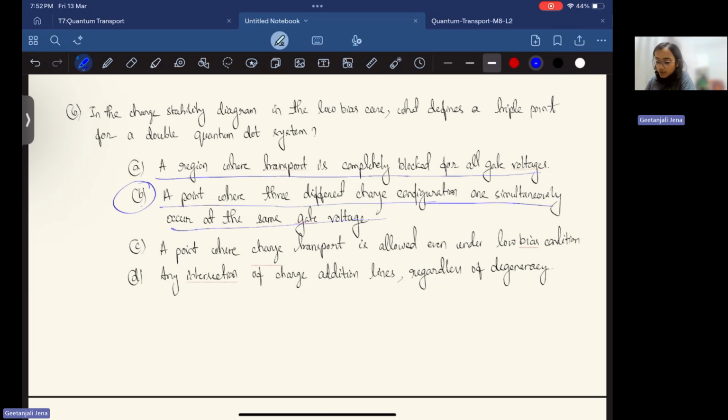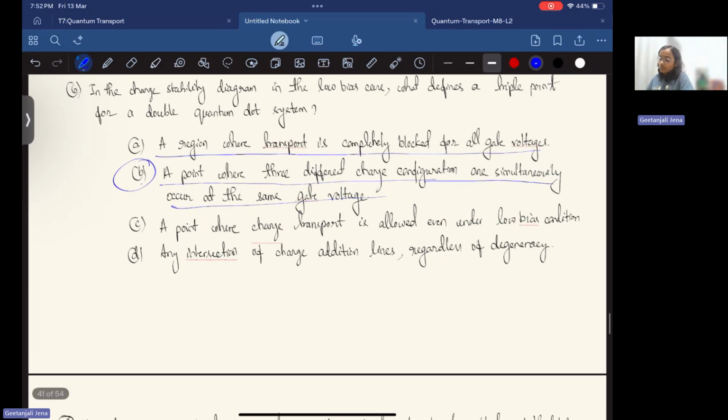So B is correct. Let's see C. It's a point where charge transport is allowed even under low bias condition, which is also correct. Option D, any intersection of charge addition line regardless of the degeneracy, which is not correct.